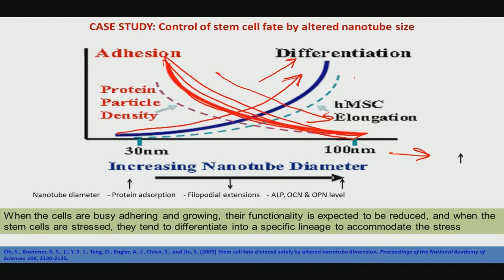The other things that I have mentioned in this slide towards the lower side: if you increase the nanotube diameter, what it means is that larger protein adsorption also takes place, because nanotubes typically facilitate or allow more and more cell specific proteins like bovine serum albumin or fibronectin or vitronectin.